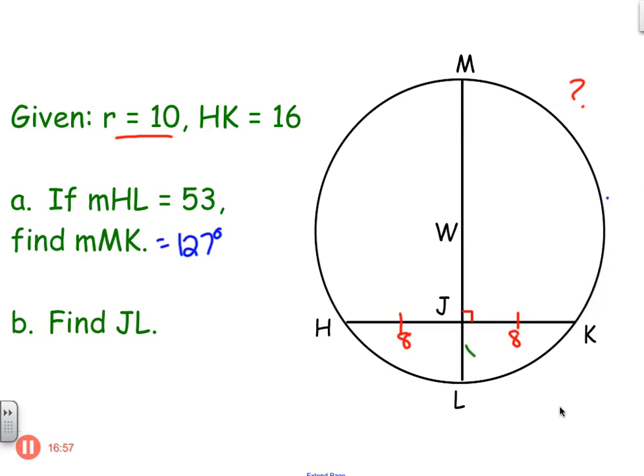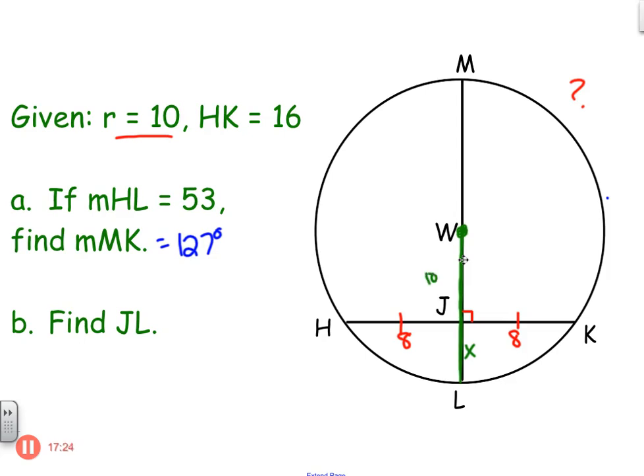So I want to find this missing piece. Okay. So finding JL is pretty tricky. Typically we've only found from the center to J. So if I assume that W is my center, I know that this is my radius. Okay. I know that length is 10. I just don't know what X is.